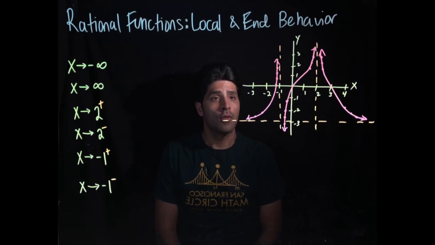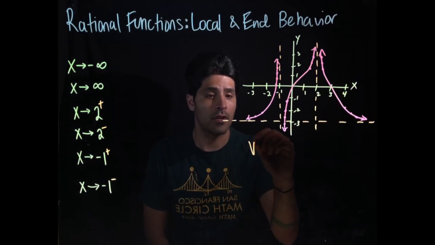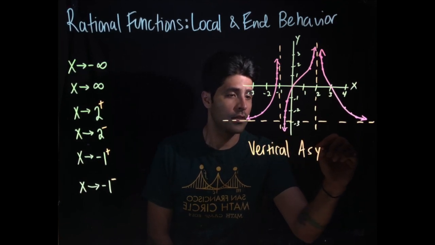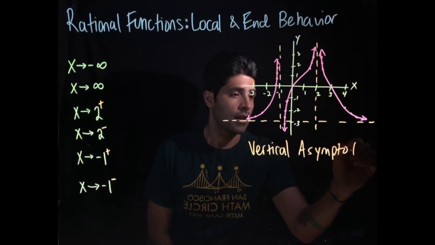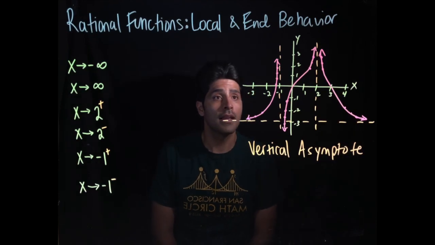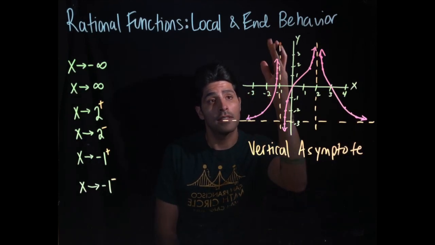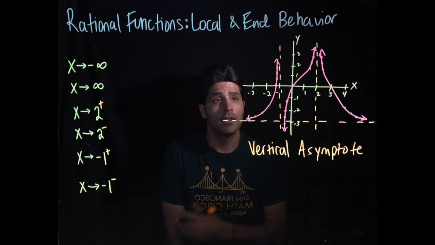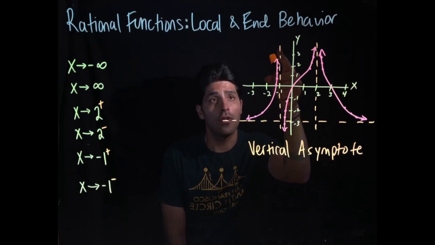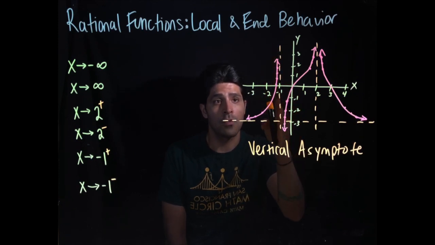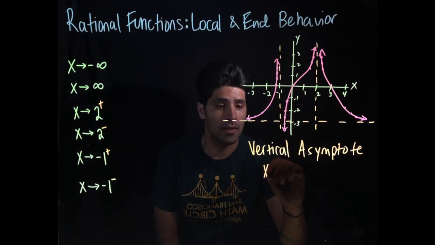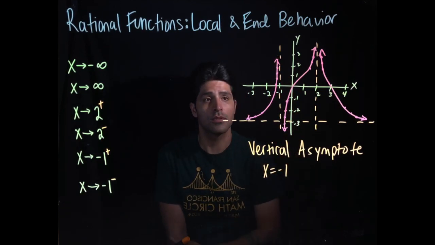So when you want to describe where a vertical asymptote is, we're going to describe it using a line, and you're going to describe it by telling us the x value where that line crosses, okay? So notice this first one here, all the x values on this vertical line have the x value -1, which is why we're going to write the equation for it as x equals -1.